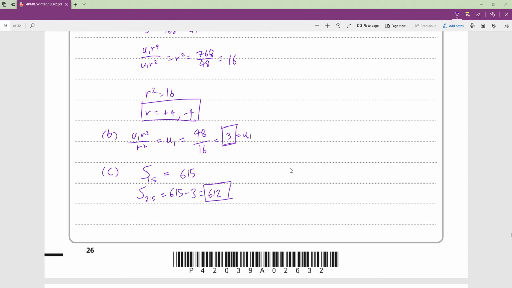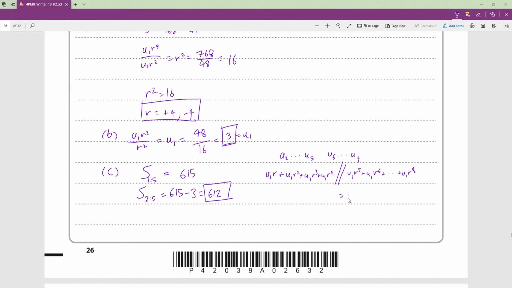Well, if we want to look at U2 through U5 compared to U6 through U9, U2 to U5 is U1R plus U1R squared plus U1R cubed plus U1R to the 4th. But also, U6 to U9 would be U1R to the 5th plus U1R to the 6th plus up to U1R to the 8th. And what can we actually do here?